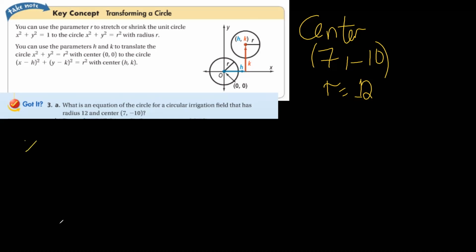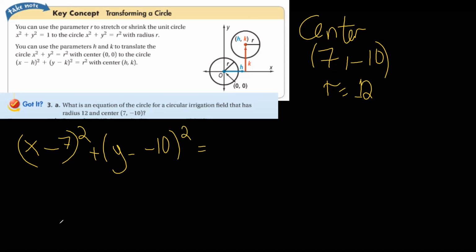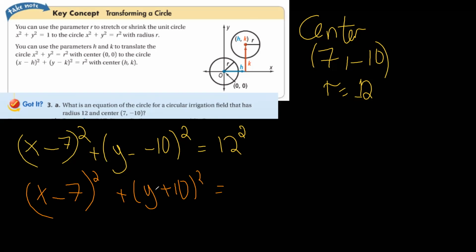So it will be (x − 7)² plus (y − negative 10)². Negative 10, thank you. Equal 12, squared or without squared? Squared. So after I simplify it, it will be (x − 7)² + (y + 10)² = 144.